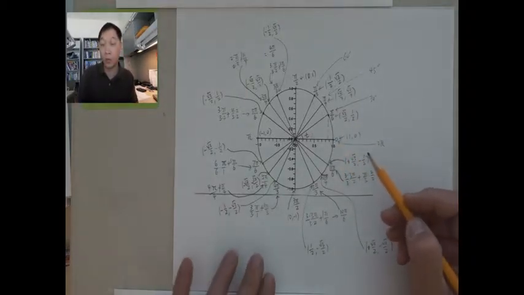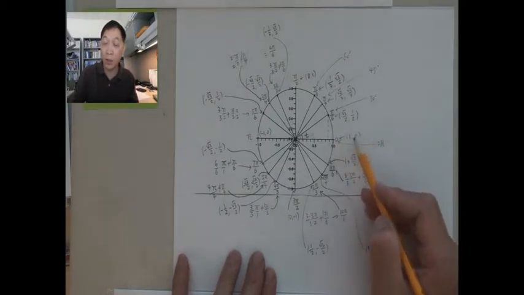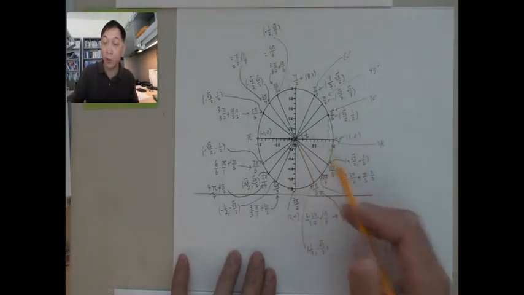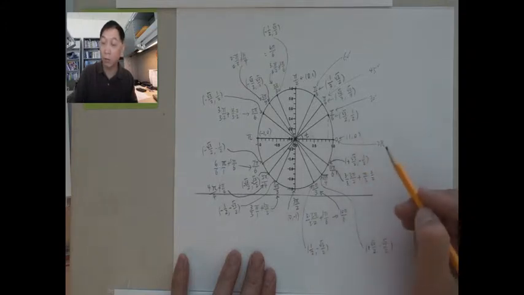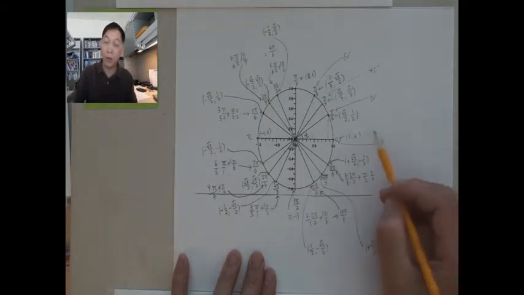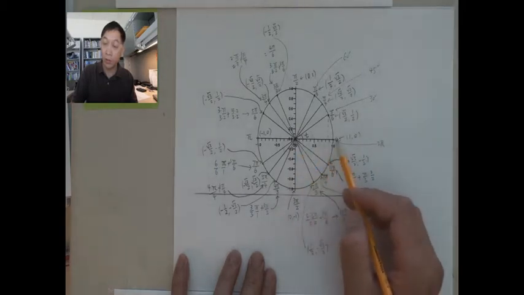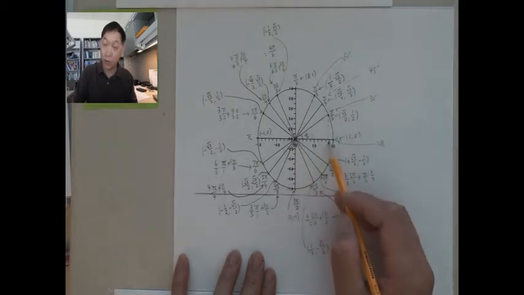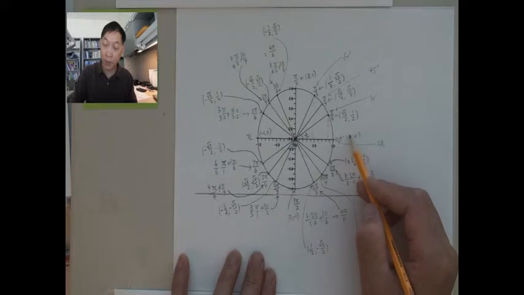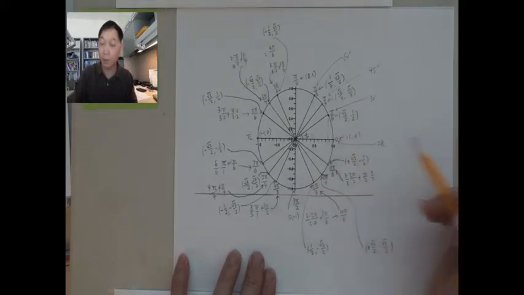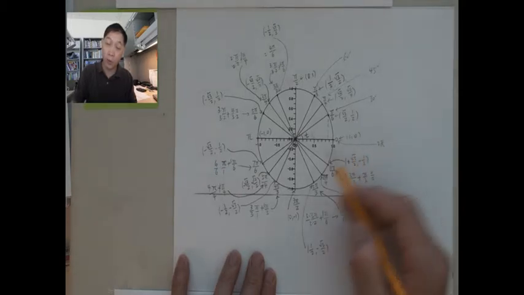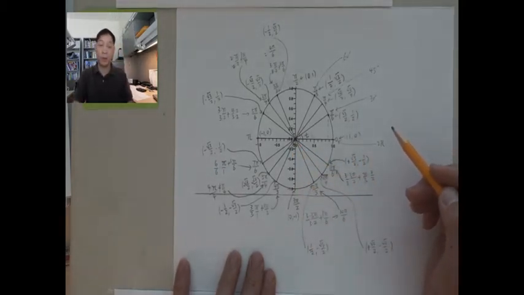So sine 0, because here is 0 degrees, is 0, but sine 2 pi is also 0. Cosine of 0 degrees, or radians, is 1. That's the x coordinate. And cosine 2 pi is also 1. Cosine 4 pi is also 1 if you rotate.